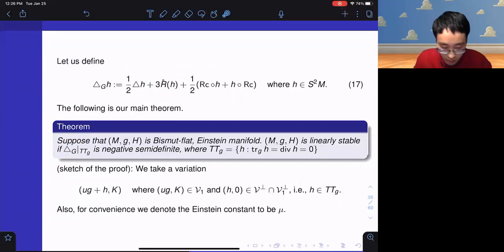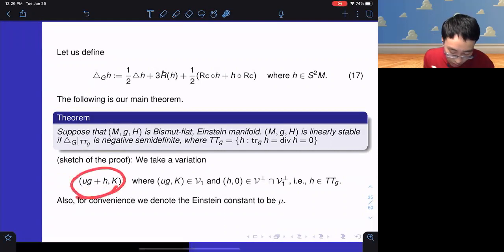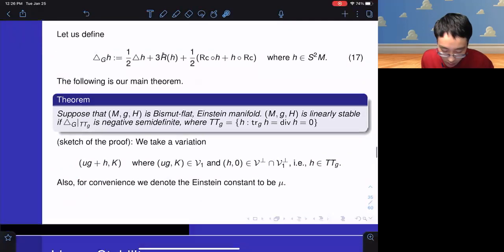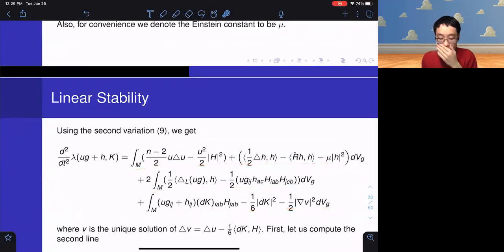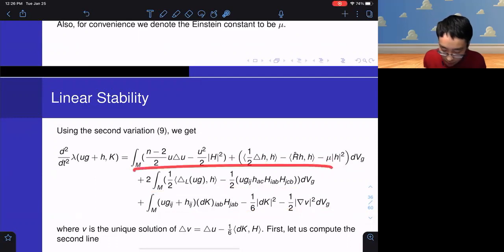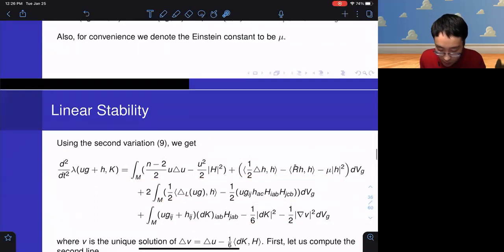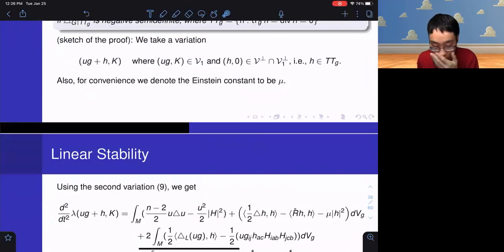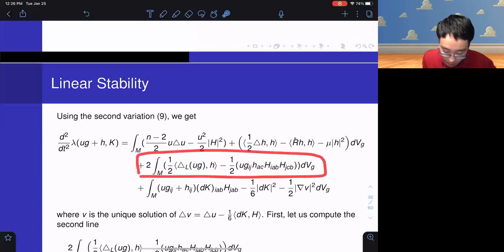Following my previous two lemmas, we need to consider the variation like this. And if you plug in this variation, we need to estimate our second variation like this. For convenience, we will denote our Einstein constant to be mu. First, let me focus on the second line.